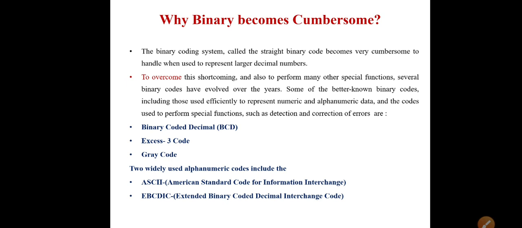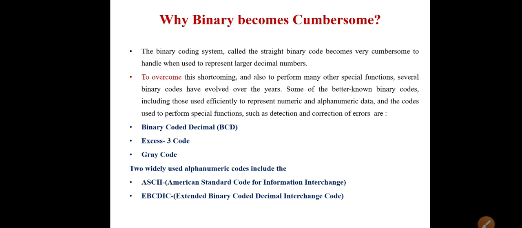The binary coding system called straight binary code becomes very cumbersome to handle when used to represent larger decimal numbers. To overcome this shortcoming and also to perform many other special functions, several binary codes have evolved over the years.